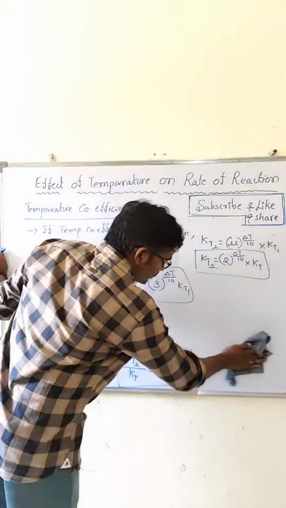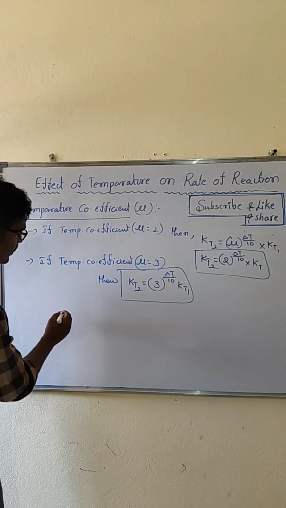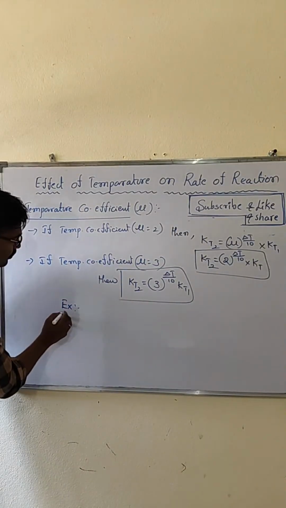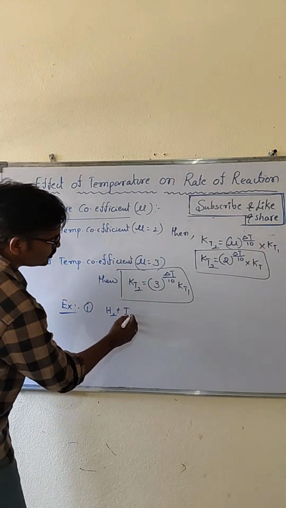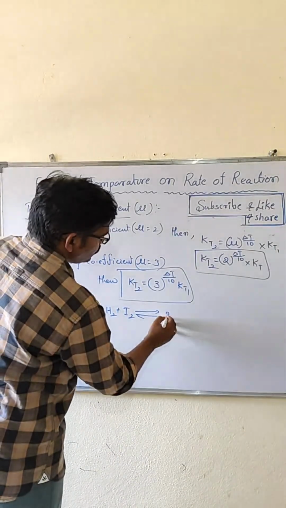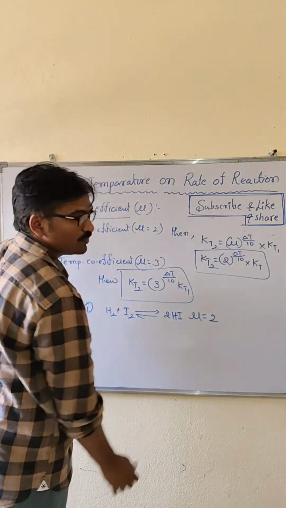Then look at some examples where the temperature coefficient is 2 and where it is 3. Example number 1: H2 plus I2 gives 2HI. For this reaction the temperature coefficient is 2.